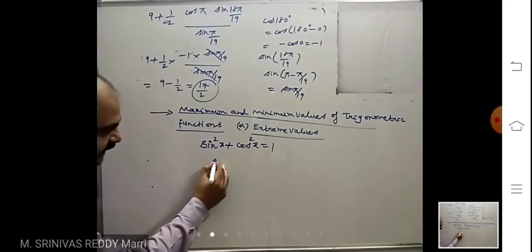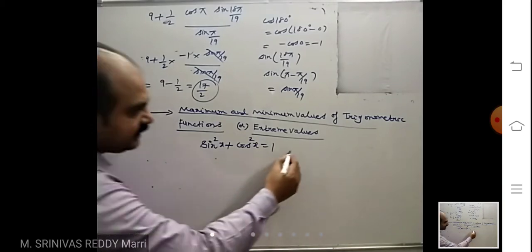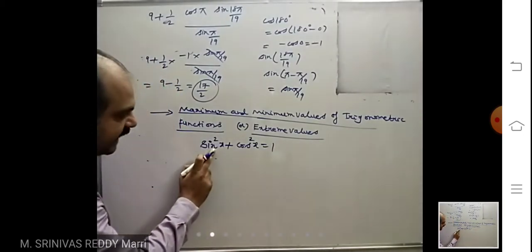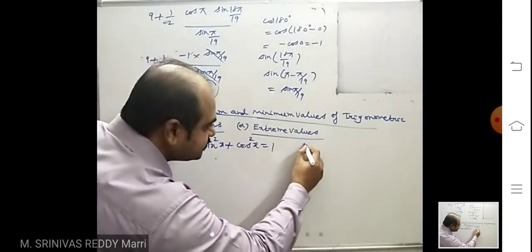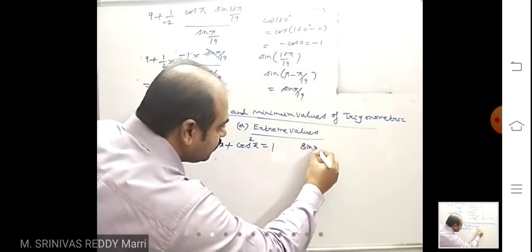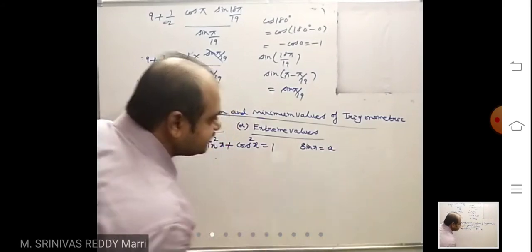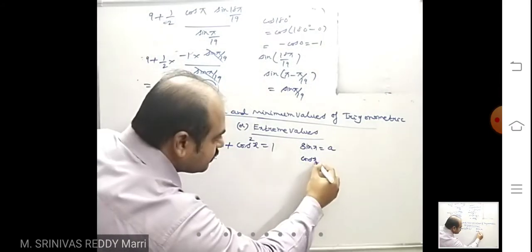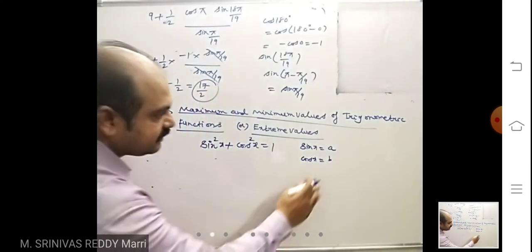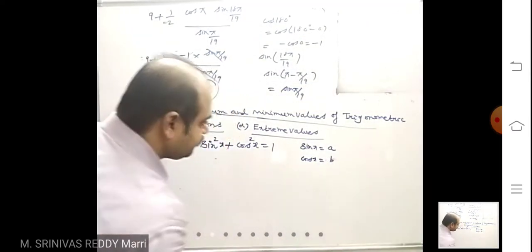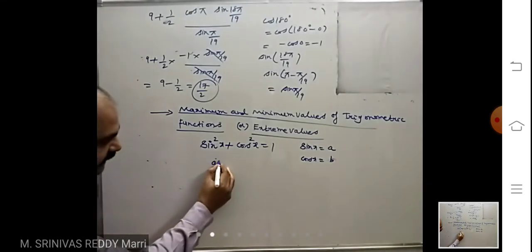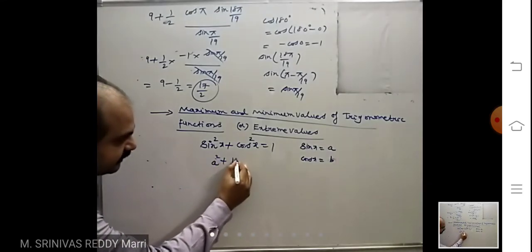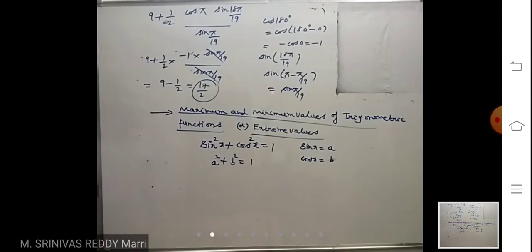So sin x whole square plus cos x whole square is 1. Let us say sin x is a and cos x is b. Then you get a square plus b square equal to 1.